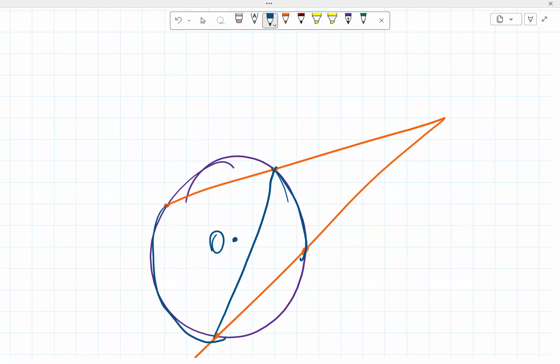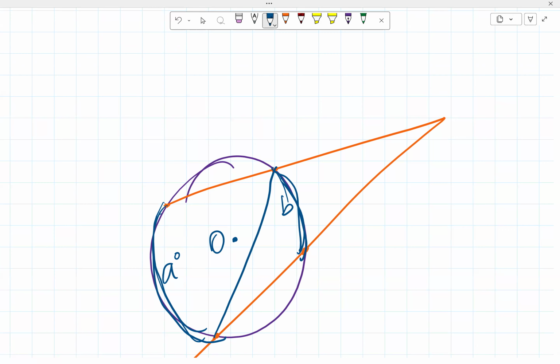And you see, this is the bigger arc now, and the measure of that arc is A, which is bigger than the measure of this other one, which is B.